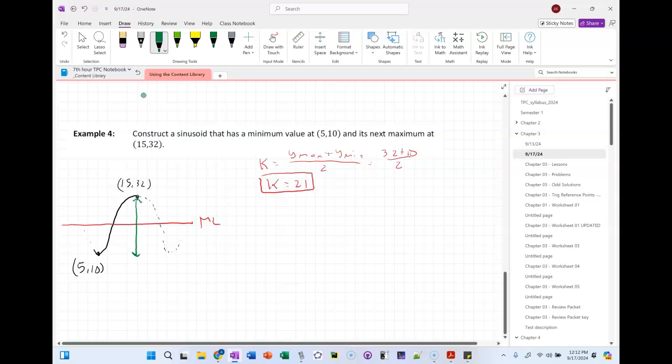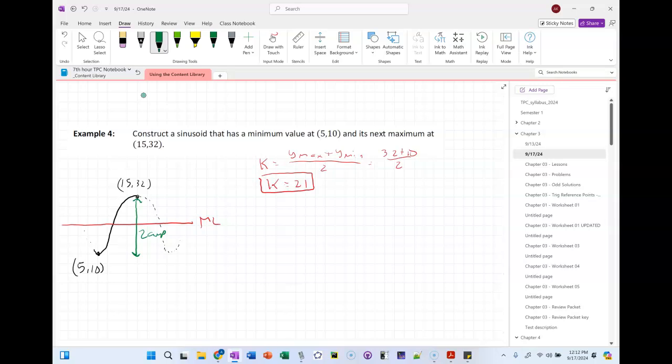Now if I look at this distance, what is this distance that I just drew there in green? Well, that's twice the amplitude, right? That's 2 amplitudes. So if I calculate that distance and divide by 2, that'll give me an amplitude, right?